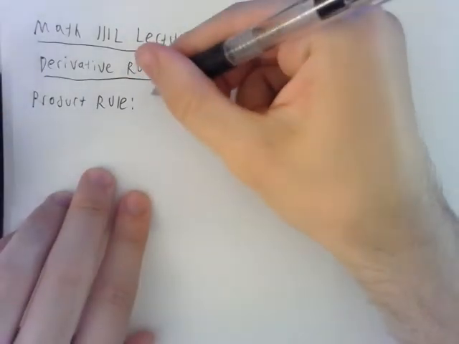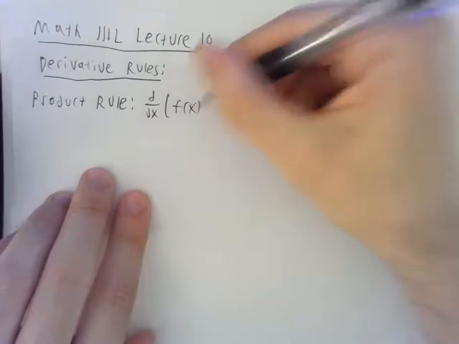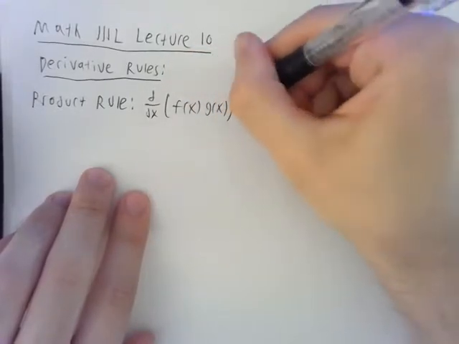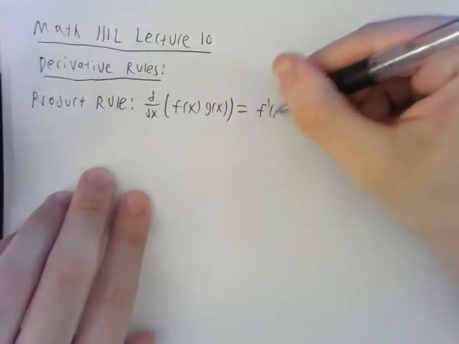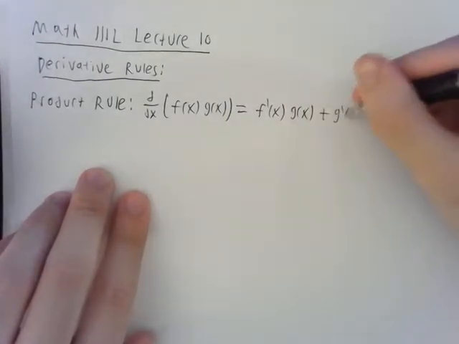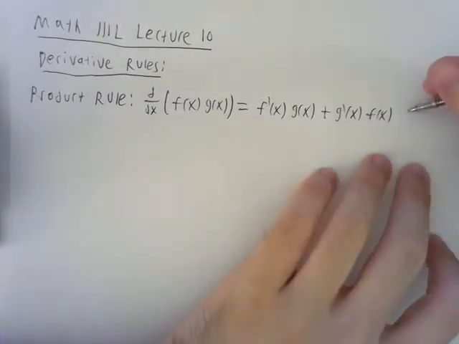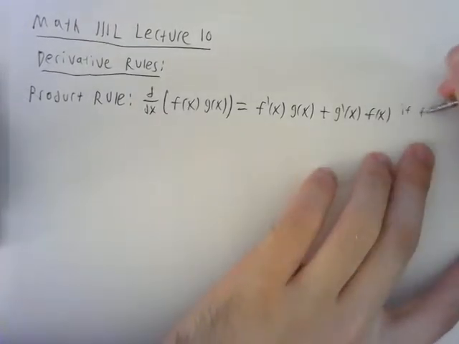It turns out that the rule we get is that the derivative of f of x times g of x is equal to f prime of x g of x plus g prime of x f of x. This is assuming that f and g are differentiable functions.